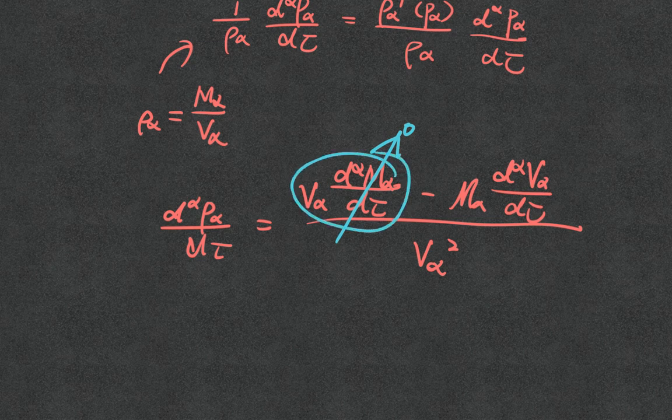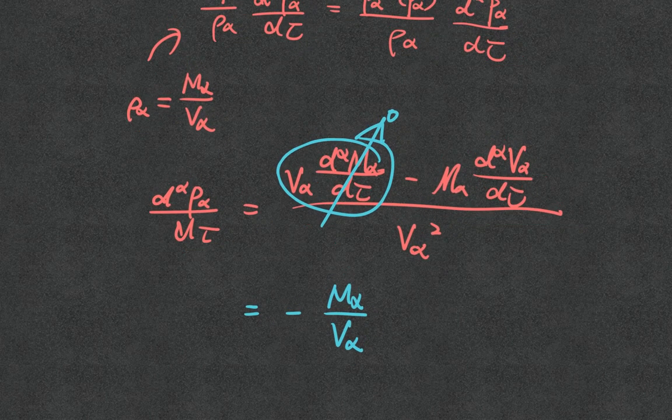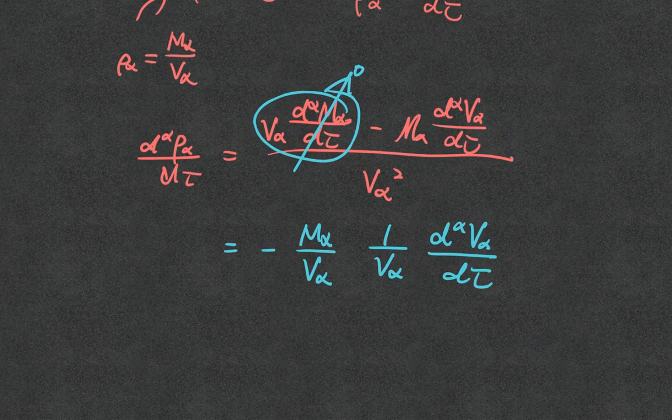Then I still have the m and v left, but if I take it out, I would have m alpha divided by V alpha times 1 divided by V alpha times the time derivative of V for the alpha phase. Okay, so far so good.